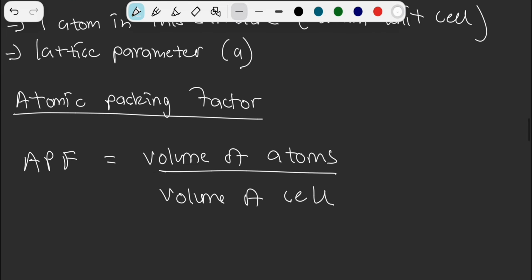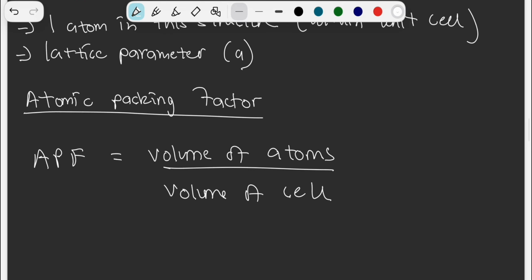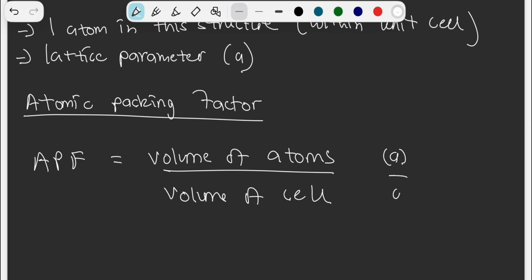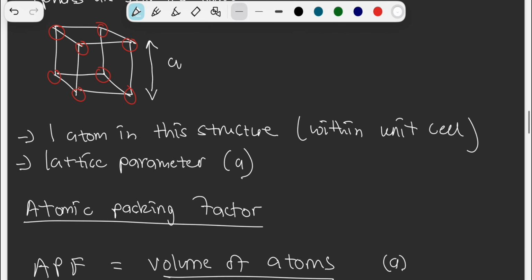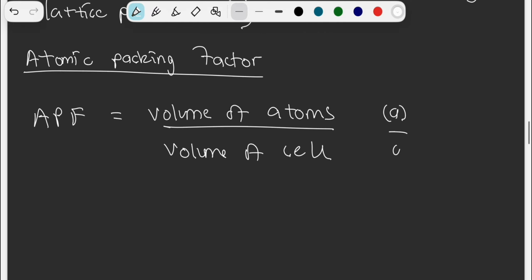To memorize this, keep this in mind: at the top we have A, at the bottom we have C, like the alphabet, A, B, C. So A comes first, atoms on top, and cells at the bottom. This is what we call the atomic packing factor. Questions can ask you to find the atomic packing factor for each of the different structures we're going to talk about, so we're going to start off with that.